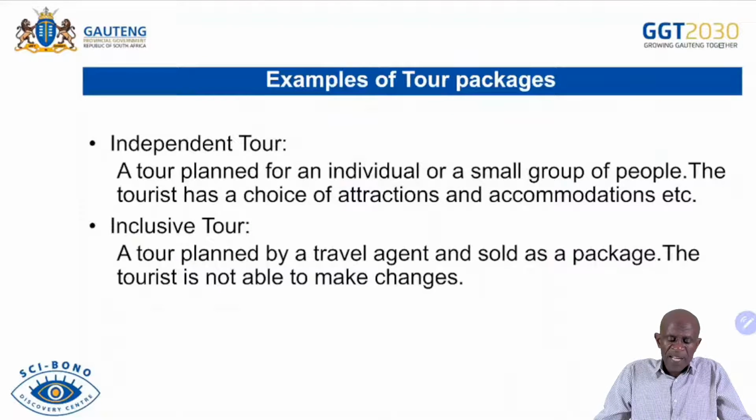And in explaining it, one would say an independent tour, it's a tour plan for an individual or a small group of people. The tourist has a choice of attractions and accommodation, etc. So the attractions and accommodation becomes solely the responsibility of the tourist.